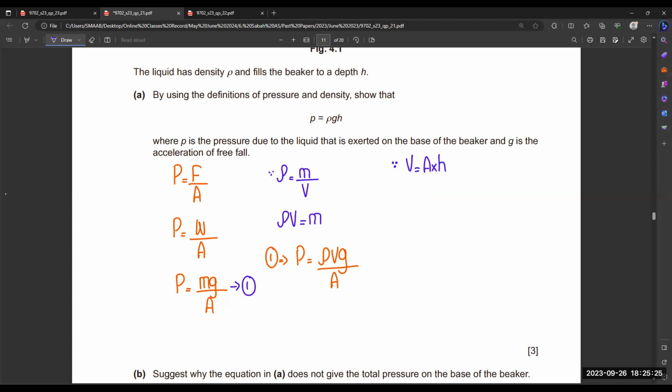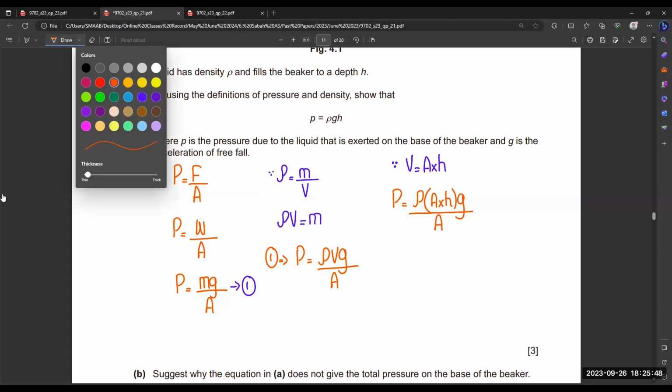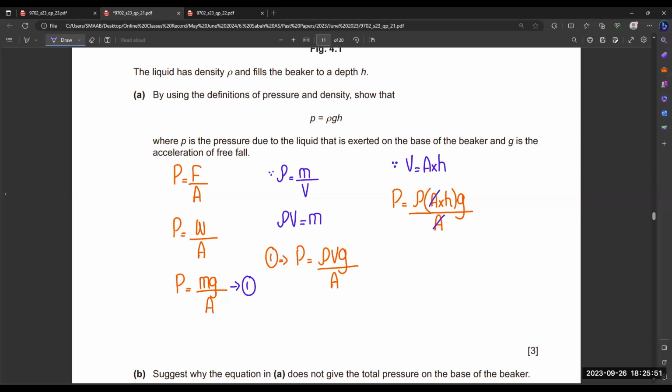At the place of volume, we can plug in area into height, into g, divided by A. Area will be cancelled out from the upper value and you will get your final equation, rho gh. Okay, so this is the equation that you have to derive. Clear?